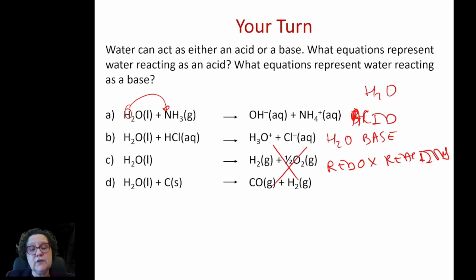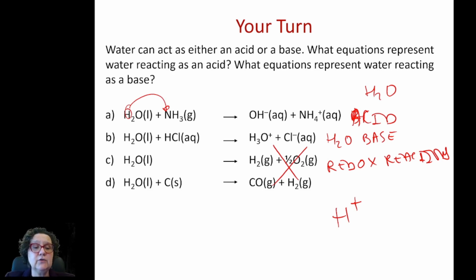So how did I know that? There are quite a few ways, but if I look at the products, there are no ions. If you transfer a hydrogen ion to another compound, you should have a positive ion forming and a negative ion forming. Reactions C and D do not have positive or negative ions. Reaction C splits water into hydrogen gas and oxygen gas, not ions, compounds.